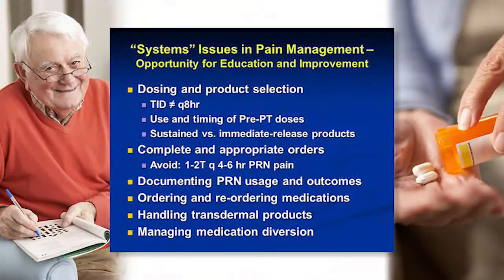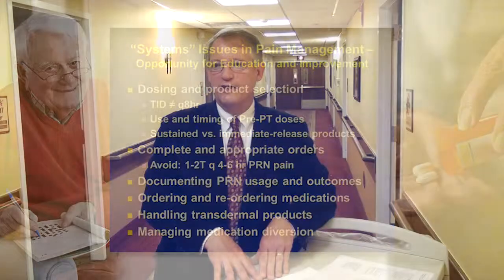One of the things that we should recognize is that we can build our standard of care in our own facility by looking at a systems approach of how we order, how we use, and how we monitor the use of opioid medications and other pain medications. This starts with simply the orders themselves, recognizing the difference between 3 times a day dosing versus Q8 dosing, if that's really what the prescriber wants.